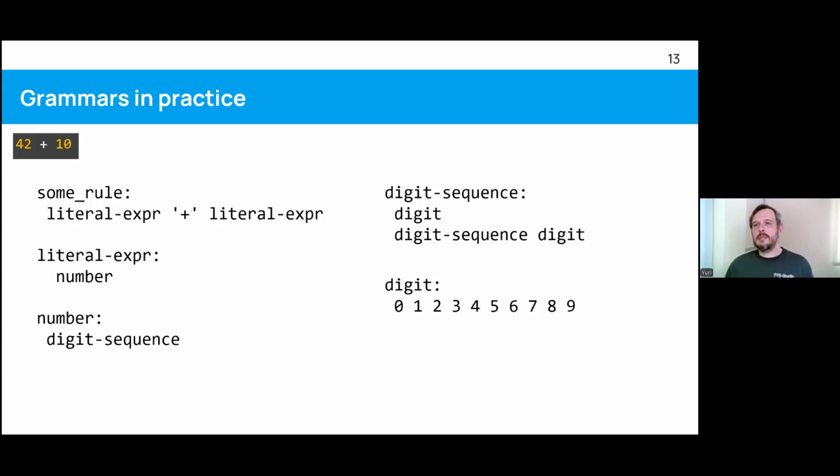Okay, so let's change our grammar here a little bit because, well, this sum rule thing, this one, what kind of name is that, right? And what does it do?